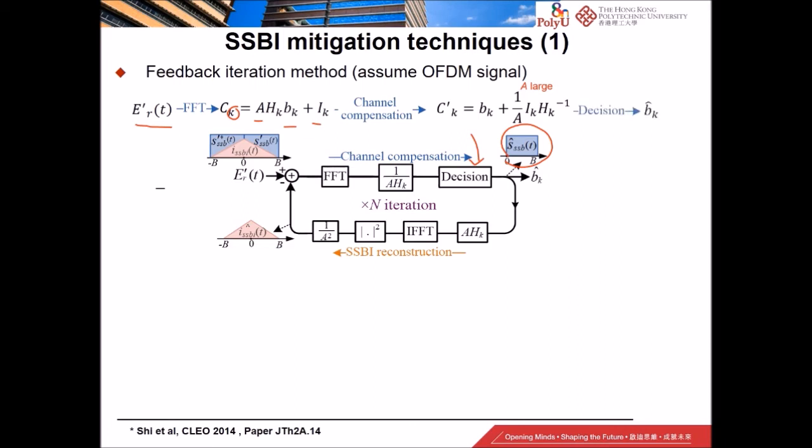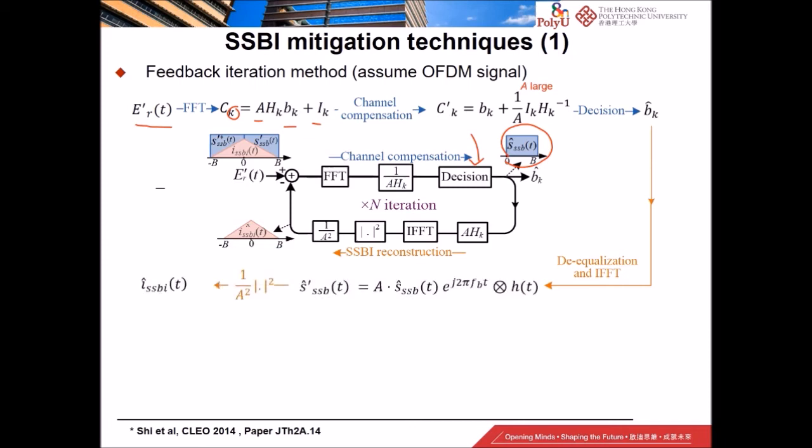You can use the decided signals to recreate the single sideband signals. Okay, and then in this case, you will use the recreated signal here, and you can beat it with itself.